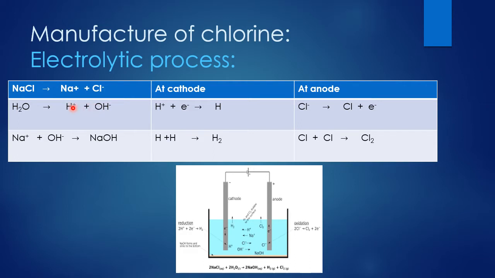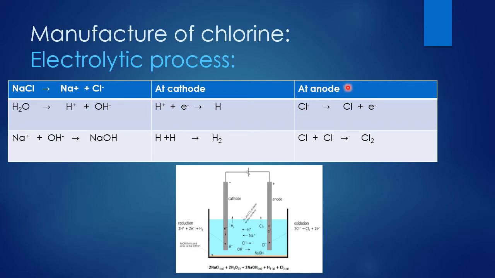When it ionizes, 4 ions are obtained. Na+ and OH- will join and get converted into sodium hydroxide. Now the solution becomes alkaline, where the remaining 2 ions are present in the solution: one is H+, the other one is Cl-. You know that opposite charges attract each other. H+ will migrate towards the cathode and Cl- will migrate towards the anode.